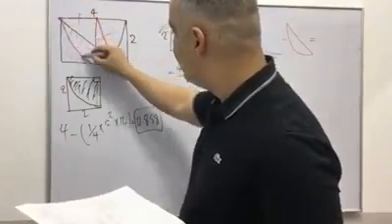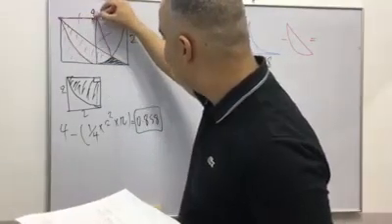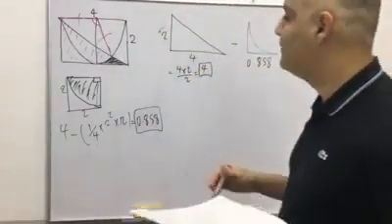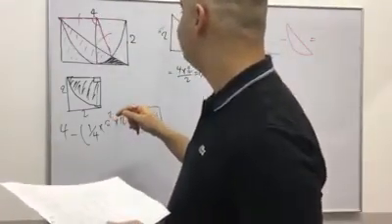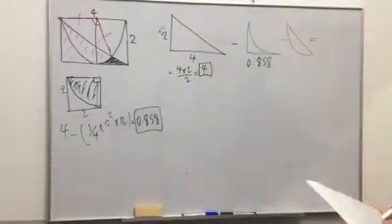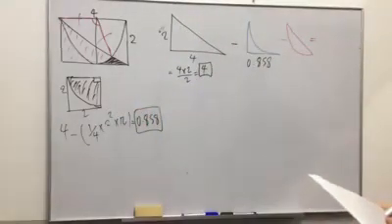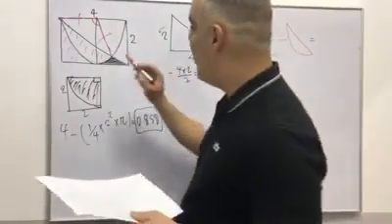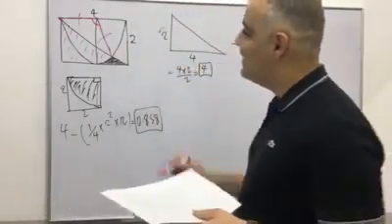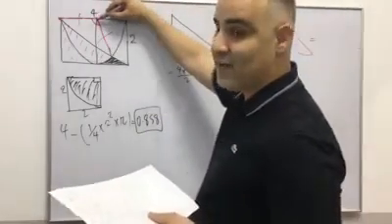That's a sector again with this angle. Now, how to find the area of this sector? I need to find this angle, but again, it's difficult to find this angle at first.